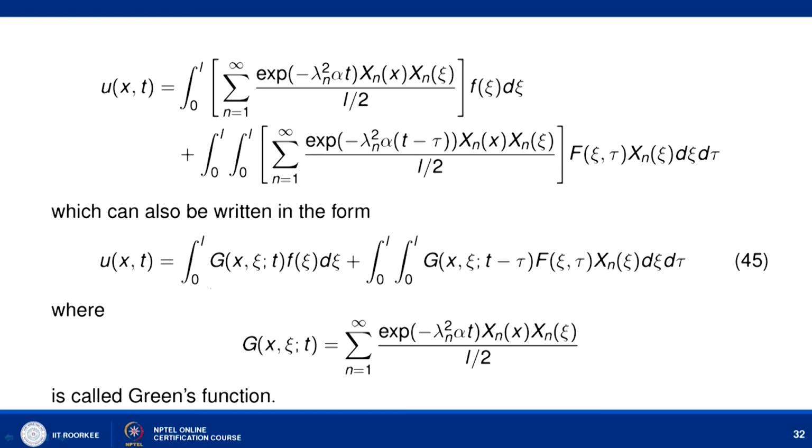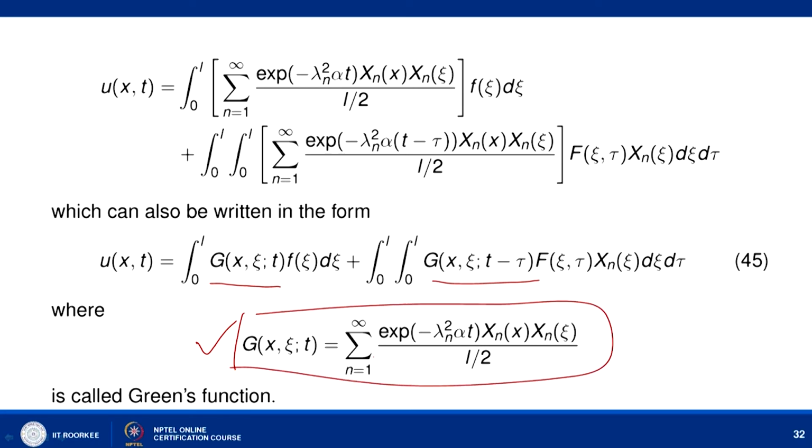This can be simplified by introducing a new function G(x, xi, t), and we can write u(x,t) as integral 0 to l of G(x, xi, t) f(xi) d xi plus integral 0 to l of G(x, xi, t minus tau) f(xi, tau) d xi d tau, where this G(x, xi, t) is given by this expression, that is the sum n equal to 1 to infinity of exponential of minus lambda_n squared alpha t X_n(x) X_n(xi) divided by l by 2, and we call this function the Green function.